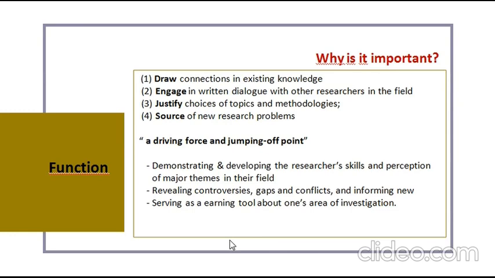We have the initial review of literature before identifying the research problem, and we may have the profound review of literature after identifying the research problem. The researcher seeks to find more about the area. This is a very important function of a review of literature. It helps, in some cases, to find the research problems themselves. It serves as a source of the research problem.